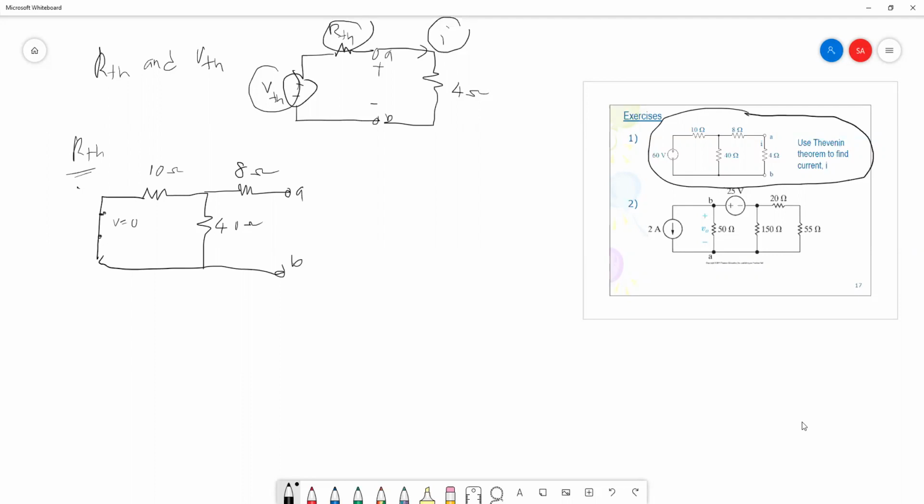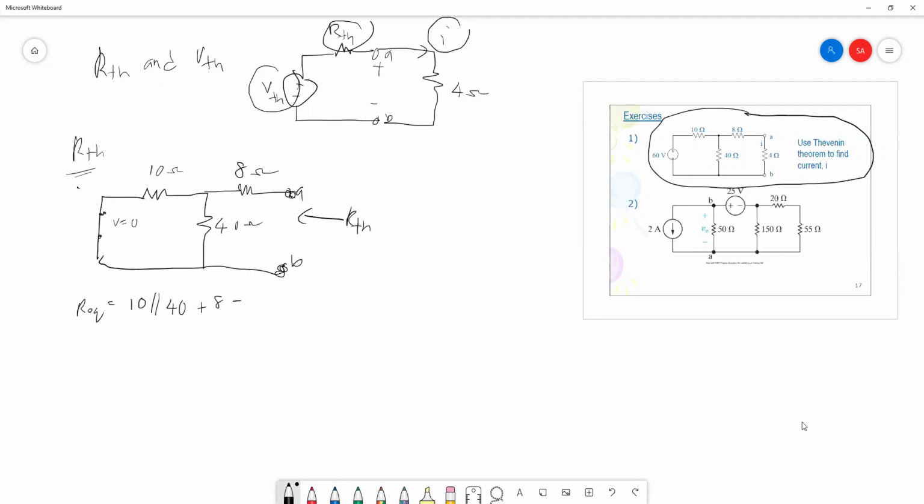Okay, so right now your RTH is the R equivalent seen from this terminal AB. So from here I can see that your R equivalent is 10 parallel with 40, plus 8.